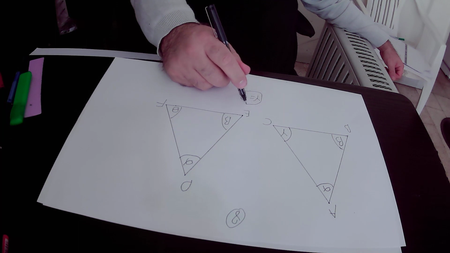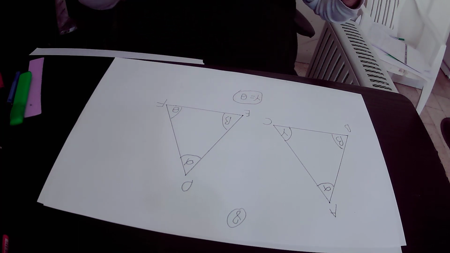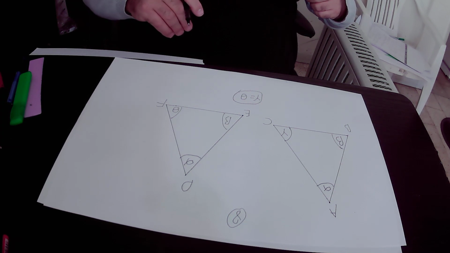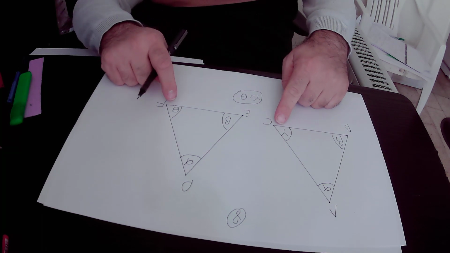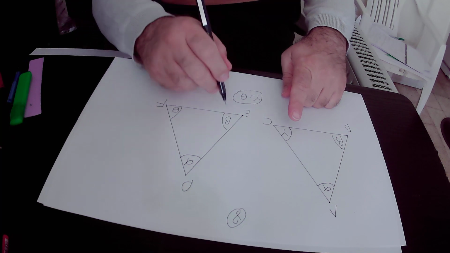That is the meaning of the third angle theorem. If you have two pairs of angles that are congruent in two triangles, then the third pair of angles must also be congruent. That is to say, those angles must also be equal to each other.